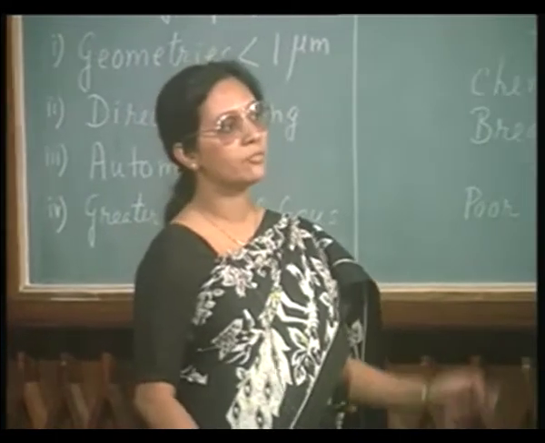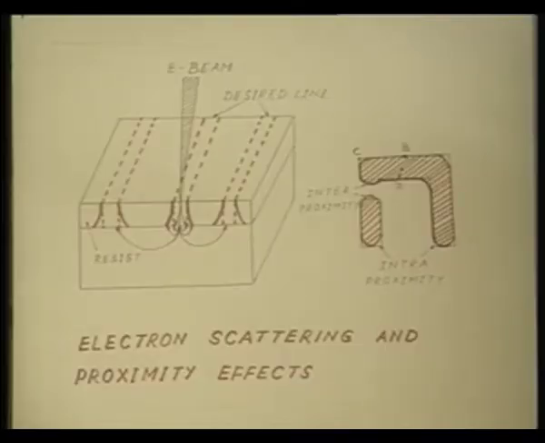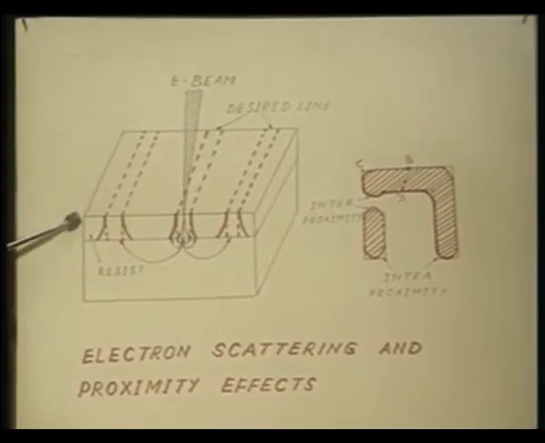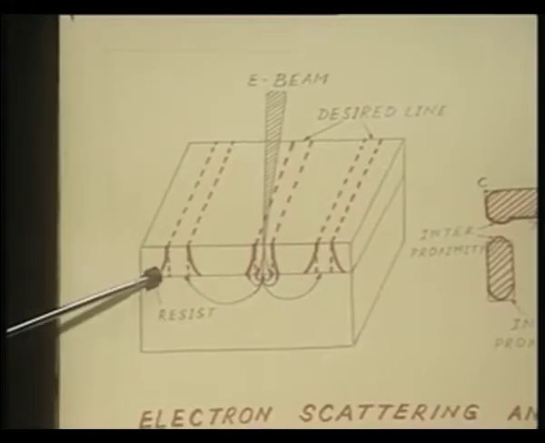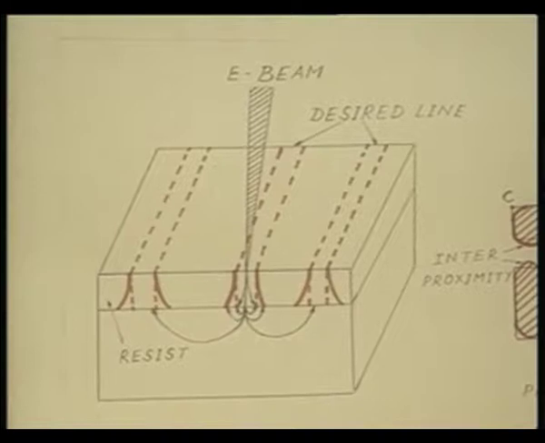If we look at the first figure, then we can see what this proximity effect is all about. In this, we are actually showing a substrate surface which is coated by E-beam resist.